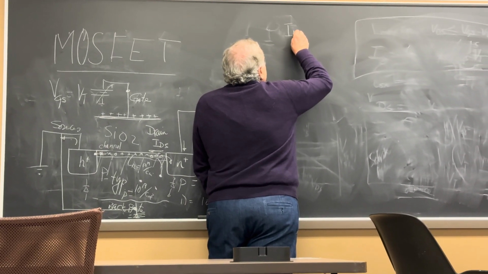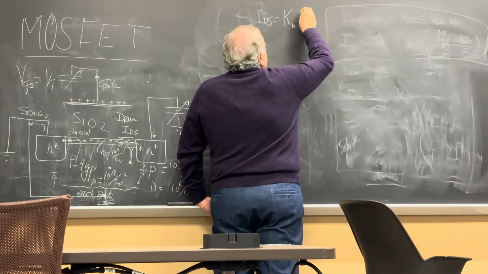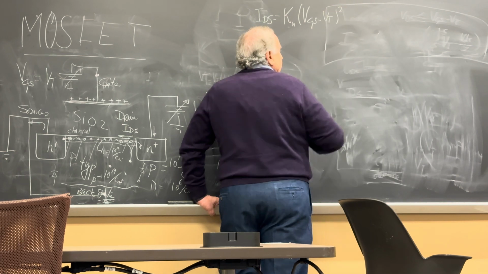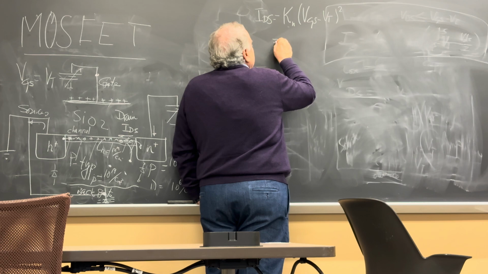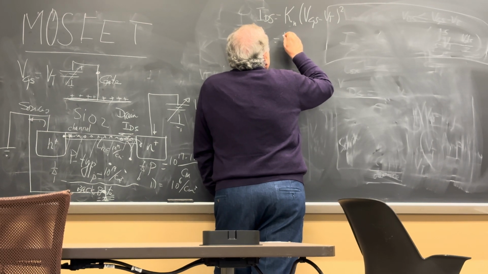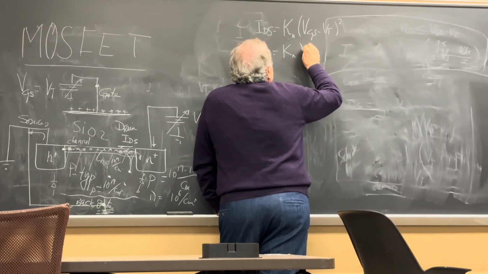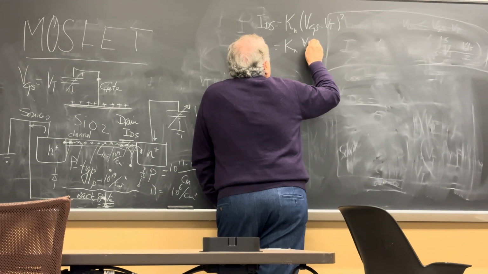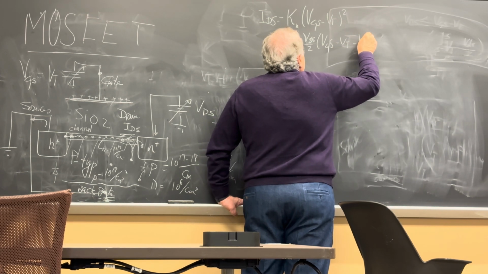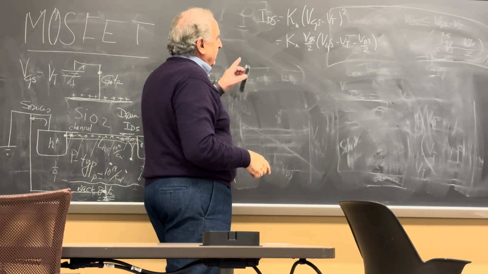We're trying to say I drain to source is going to take some constant Kn times VGS minus VT squared for one region, and a similar equation with VDS for the other.